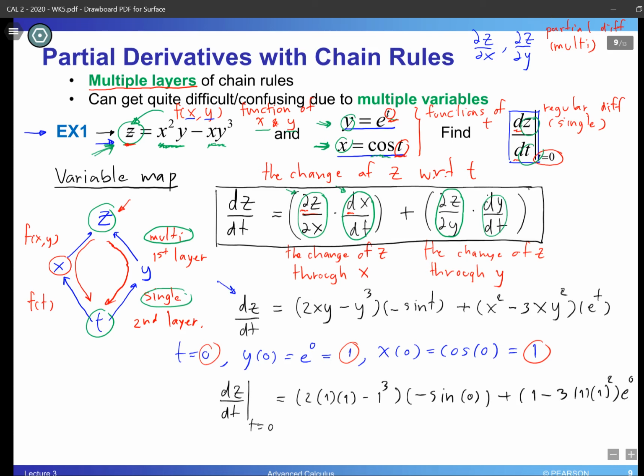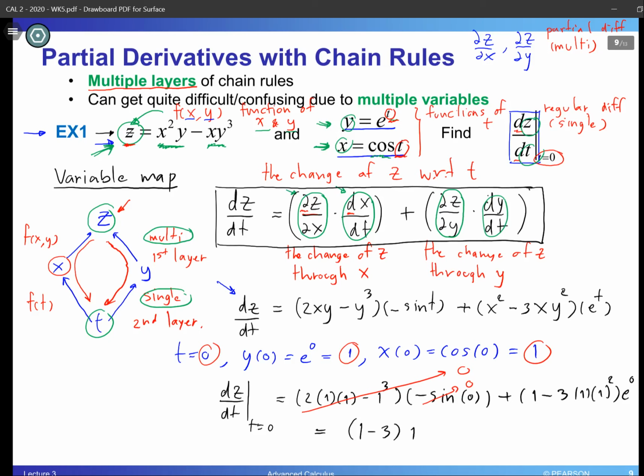Now let's take a look at these terms. Sine 0 is equal to 0, right? Which means that the whole term in the front is going to be 0. That's convenient. So we got rid of that term. Now let's take a look at the back here. We are going to get this 1 minus 3 times 1. So in the end, we have this minus 2 as the final answer for this example.